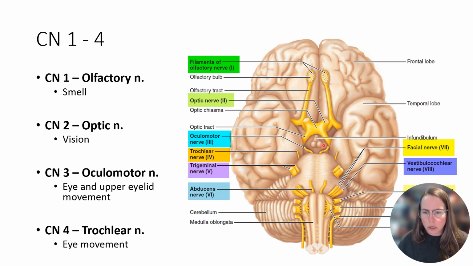And then the trochlear nerve as well, number 4, is also responsible for eye movement. Again, we will discuss that more in lecture when we get to the last chapter. I don't have it explicitly written in the lecture video, but we'll do that more as an in-class discussion so we can connect lab and lecture a little bit better.